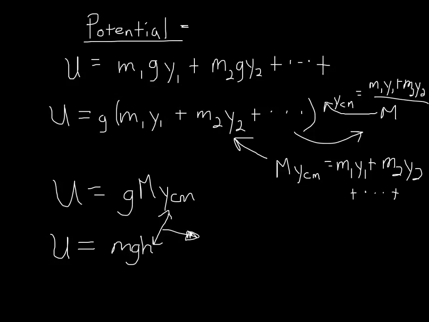That's all you have to do for potential energy when you're separating a body into its multiple point particles. Replace your height with the height of the center of mass.